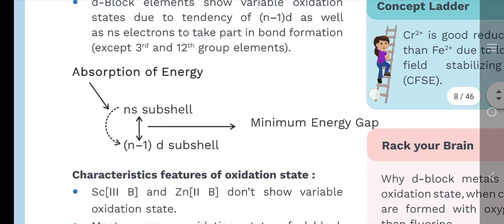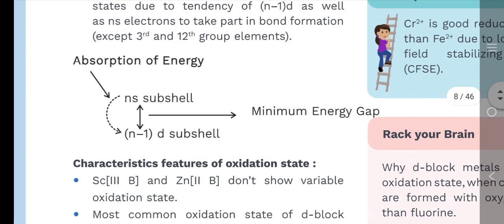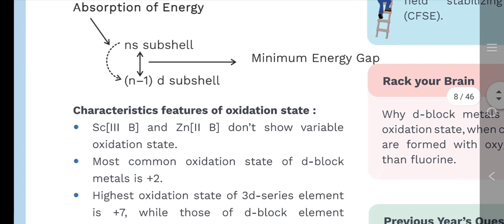Oxidation states. D block elements show variable oxidation states due to the tendency of (n-1)d as well as ns electrons to take part in bond formation, except 3rd and 12th group elements. Characteristic features of oxidation state: Sc and Zn don't show variable oxidation state.